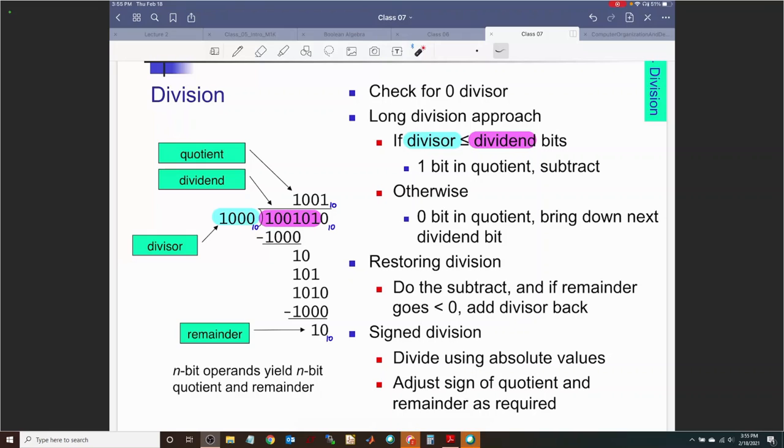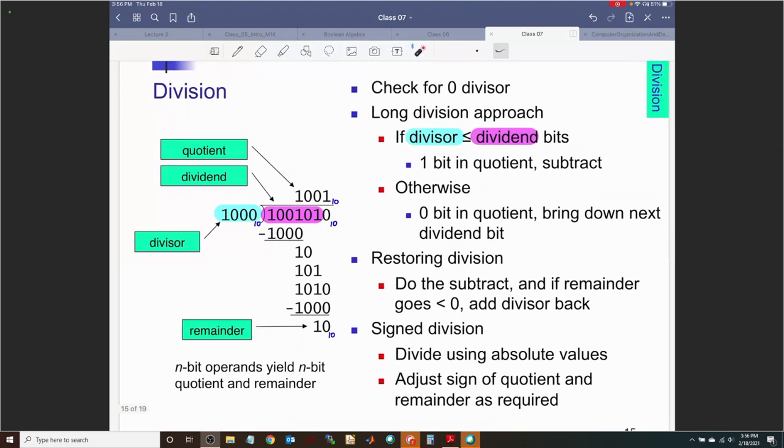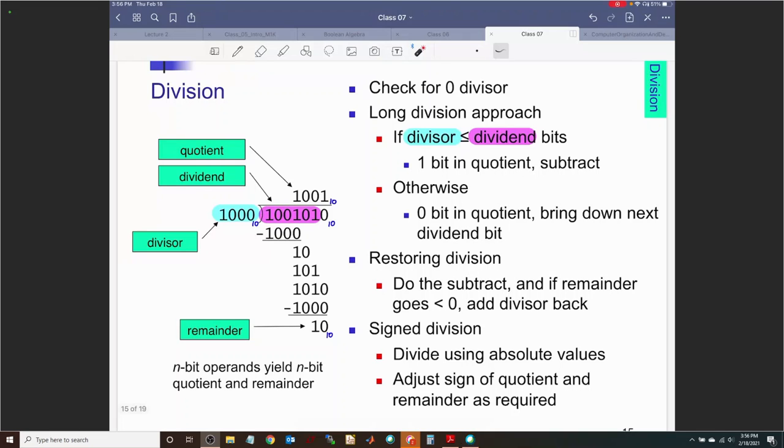Well, in this case, the dividend looks to be a lot greater than the divisor. So you put a 1 bit in the quotient if the divisor is small compared to the dividend, and then you do the subtraction: dividend minus divisor, and then you put the result.